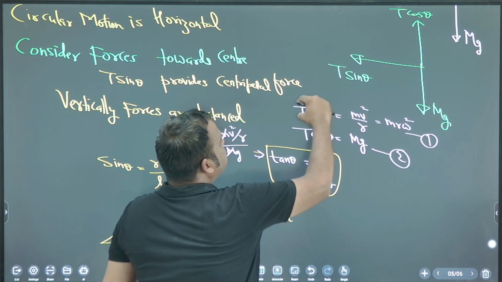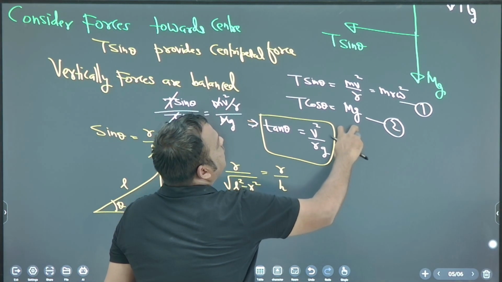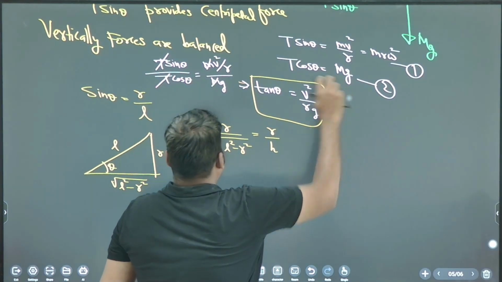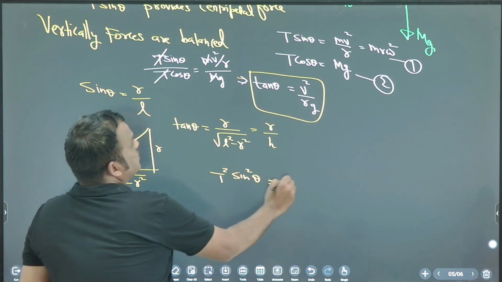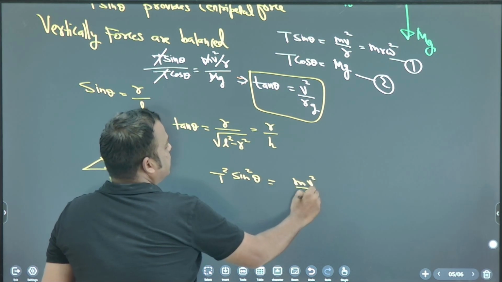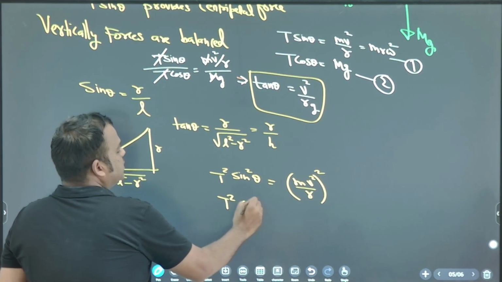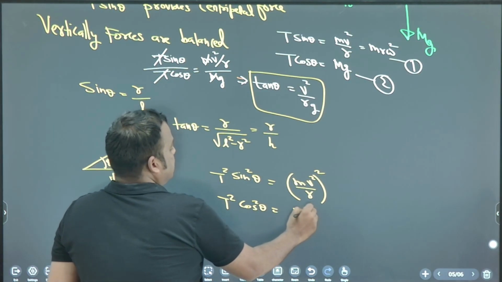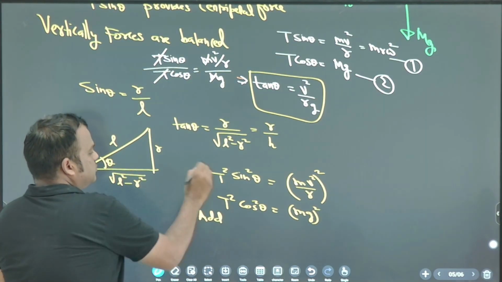Now calculate tension. Square and add. So T square sin square theta is equal to mv square by r whole square. And what is T square cos square theta? M square g square. Now add these two.